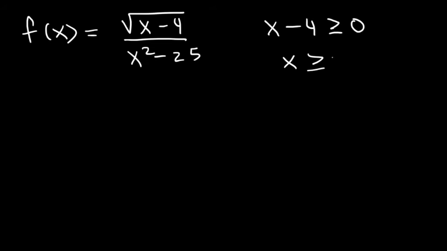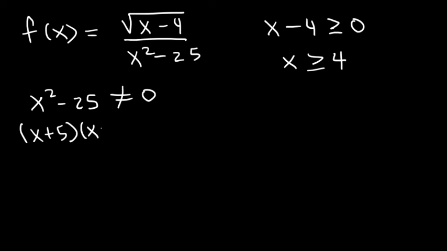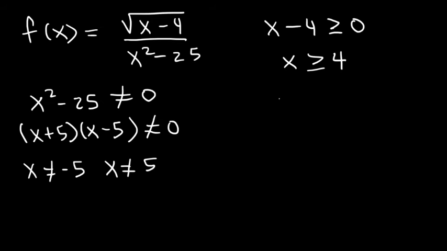Simultaneously x minus 4, since it is inside the square root, should also be greater than or equal to 0. So from the first condition, that is x minus 4 is greater than or equal to 0, I get x is greater than or equal to 4. From the second condition, x square minus 25 is not equal to 0, I will get x plus 5 into x minus 5 is not equal to 0, that is, x must not be equal to 5 or minus 5.